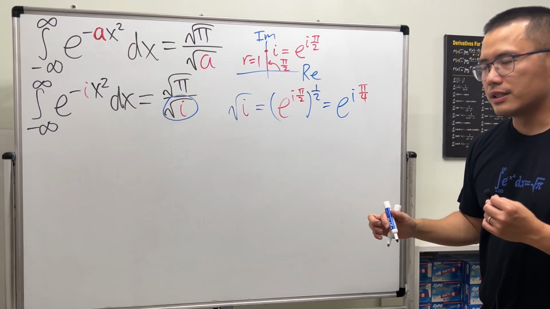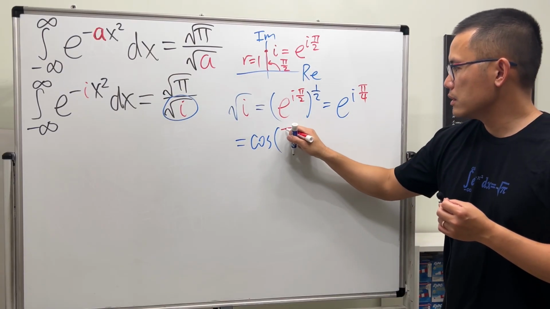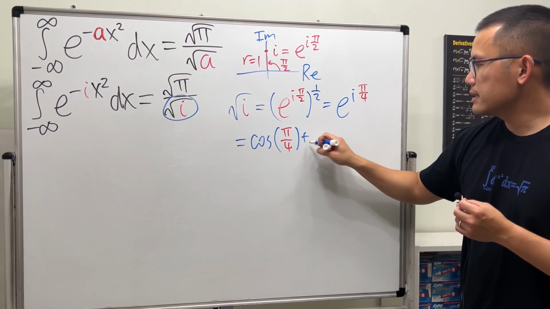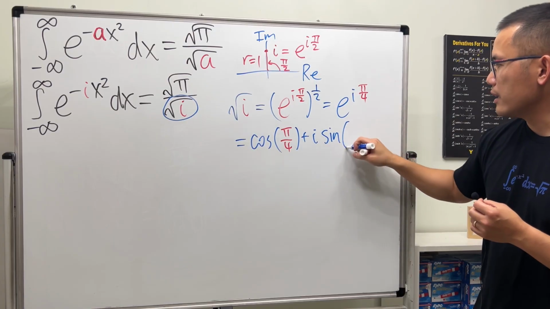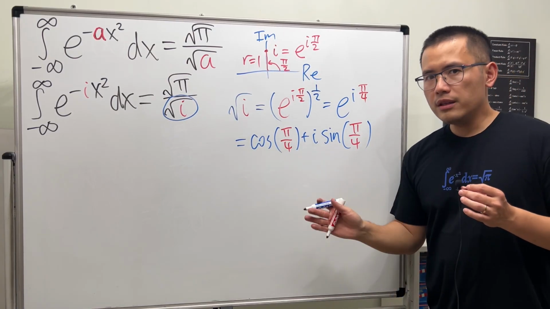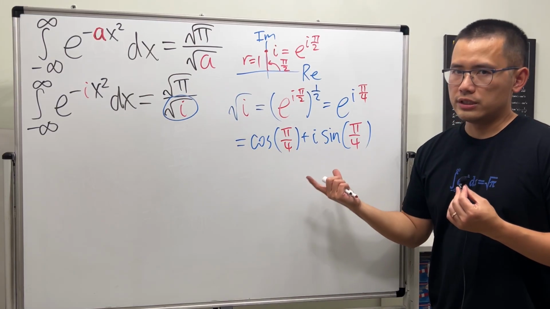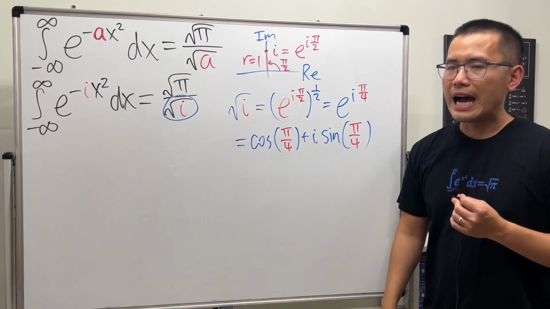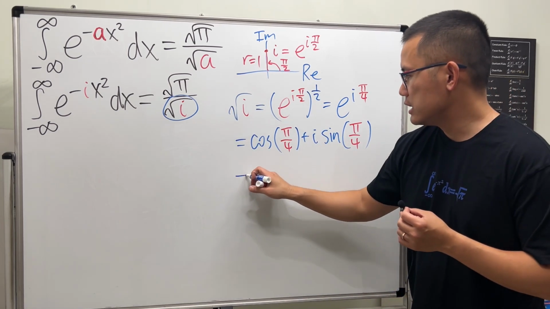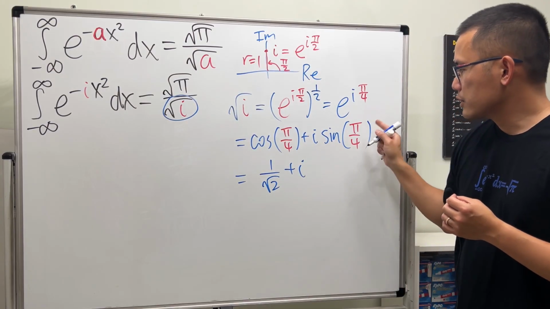Then use Euler's formula, we will just get cosine of the angle plus i times sine of the angle. In order to end up with the answer that we are about to get, we just need to do this. And this is just the principal value for the square root of i. And of course, we can simplify this. That's 1 over square root of 2. So is that.